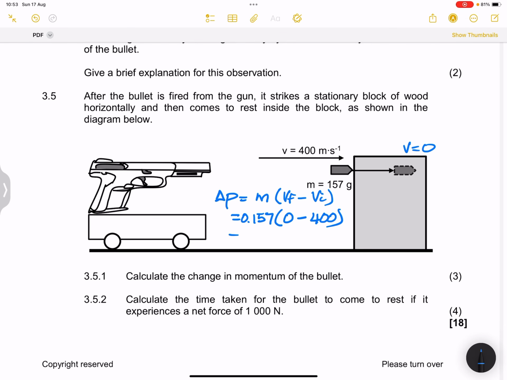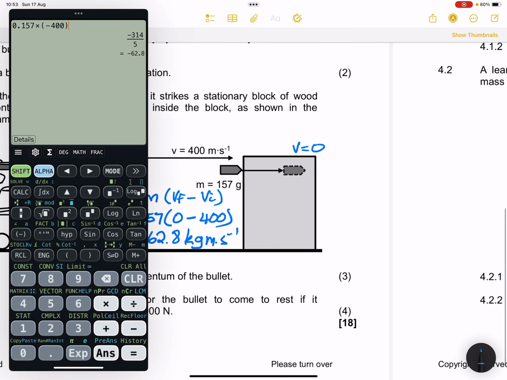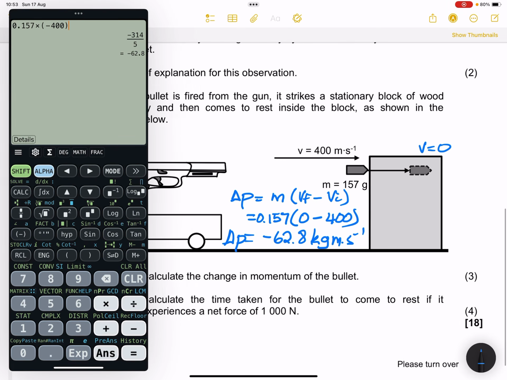So we're going to say 0.157 multiplied by negative 400, and we get negative 62.8 kilograms meters per second. Guys, I cannot emphasize enough how important it is for us to get the correct SI units.